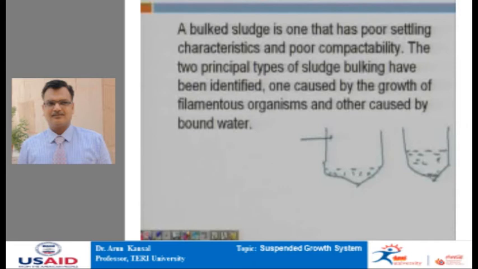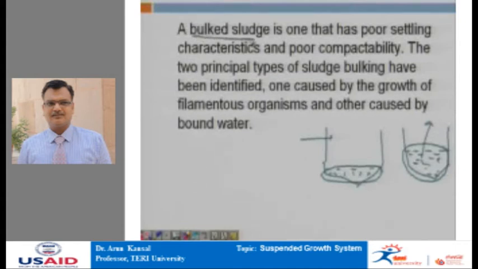What is the difference between these two? Here, to remove the total kg of biomass, we have to withdraw this much volume only, whereas in this case, to remove the same kg of biomass, we have to remove this much volume from the secondary settling tank. So, this is the condition which is known as sludge bulking.